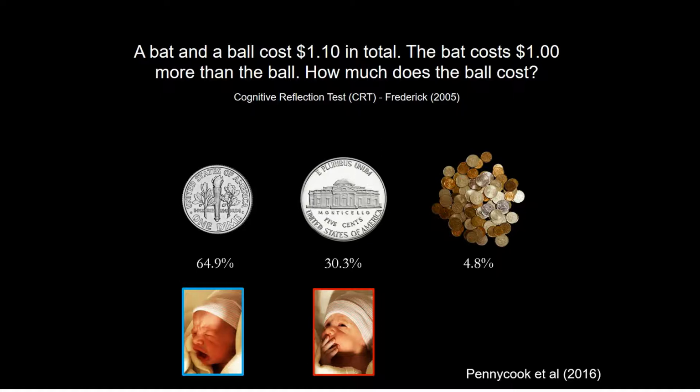For example, both Gord Pennycook and I separately, maybe 5 years ago, had studies that showed that people that are more likely to say 10 cents here, so to go with the intuitive response, are also more likely to believe in God, which we had hypothesized. There are a lot of these heuristics, these intuitive responses, things like when you see an action in the world, assuming that there's some intentionality behind it.